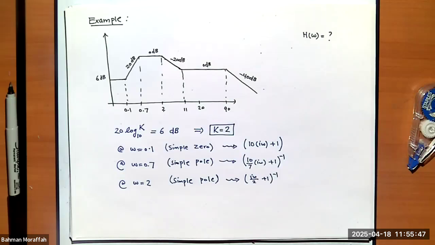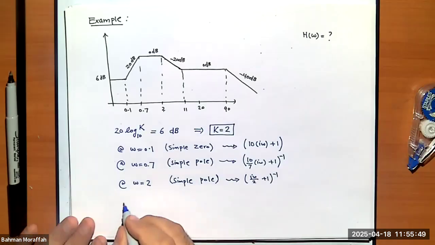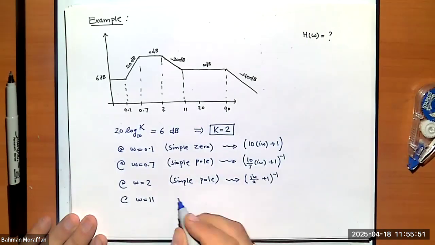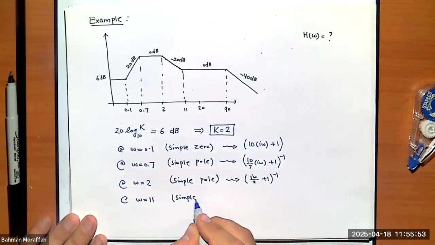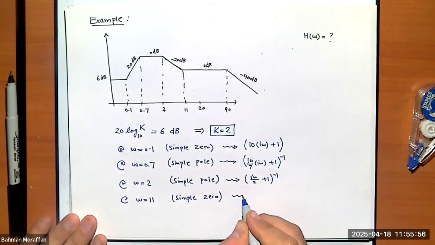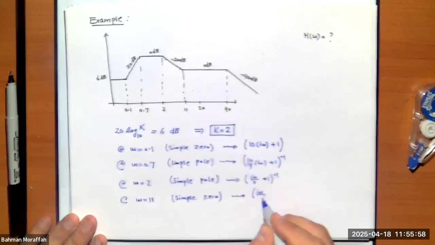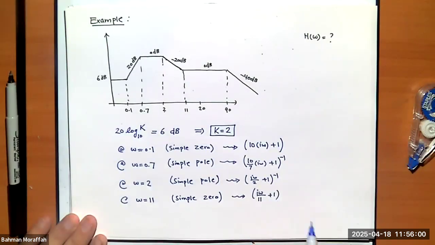It's order 1. So at omega equals 11, I have a simple 0, which I can write as I omega divided by 11 plus 1.